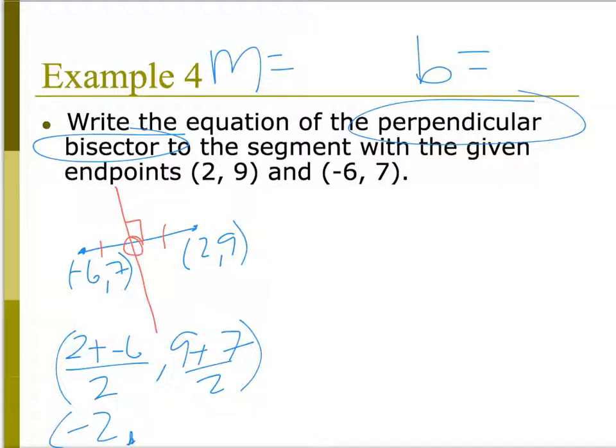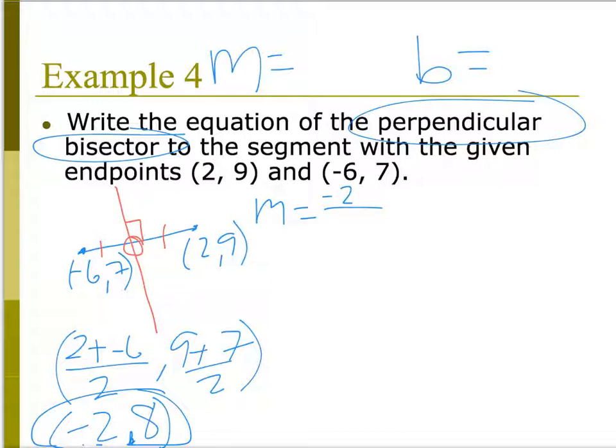And then 9 plus 7 is 16 divided by 2 is 8. So this is my midpoint, which is a point that's on the line. Okie dokie. That is a point on the line. I'm going to use that to help me write my equation. But I also need a slope. Well, the slope of the blue line, change in y over change in x, so 7 minus 9 is -2.